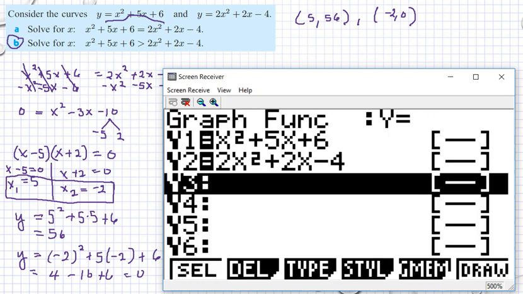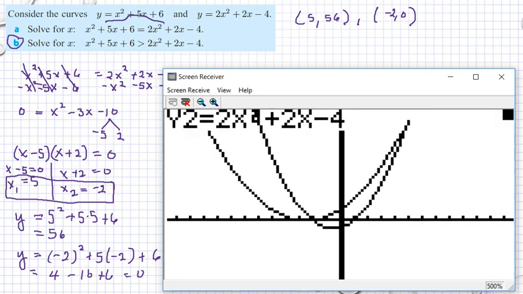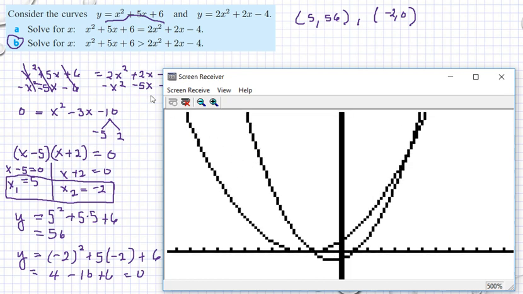So if I'm going to draw it again, this equation is our x squared plus 5x plus 6, this one. So it should be greater. So then we're talking about this area.